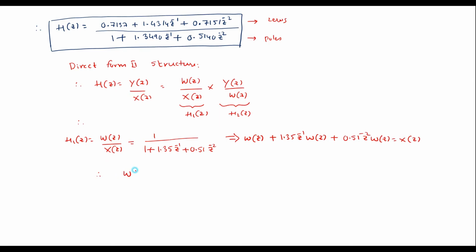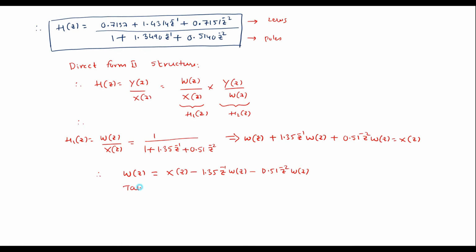Therefore, I can represent it as W(z) is equal to X(z) minus 1.35 z inverse W(z) minus 0.51 z power minus 2 W(z).